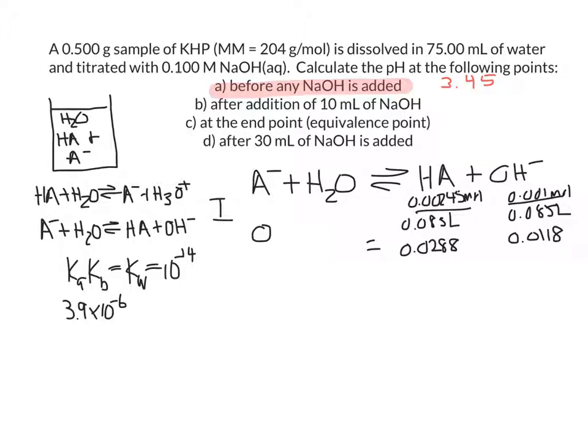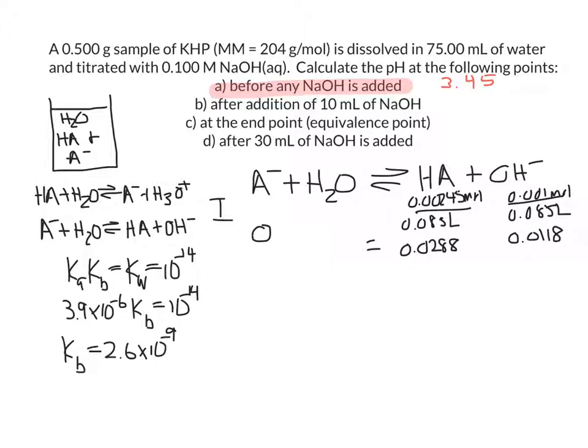And I want to find Kb, and I know 3.9 times 10 to the minus 6 times Kb is equal to 10 to the minus 14. So I divide both sides by 3.9 times 10 to the minus 6, and I get a Kb value of 2.6 times 10 to the minus 9. And so in fact, Kb is quite small.